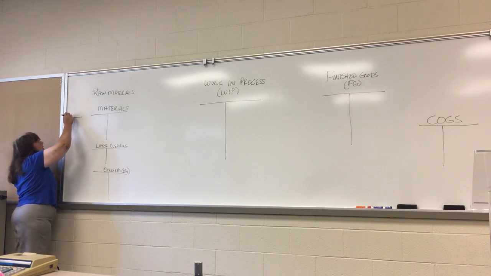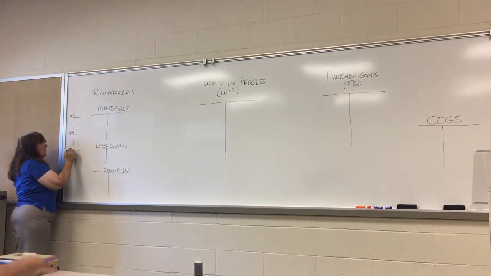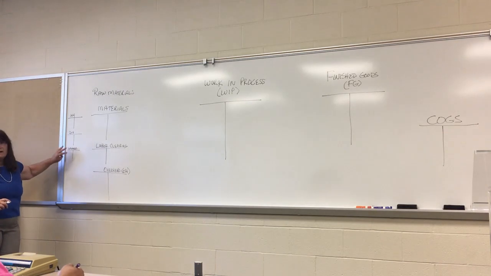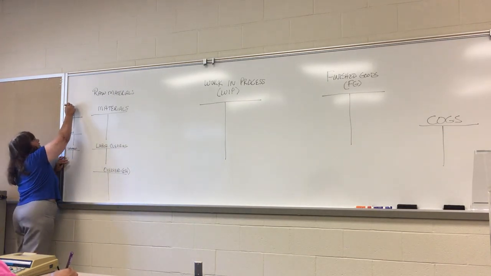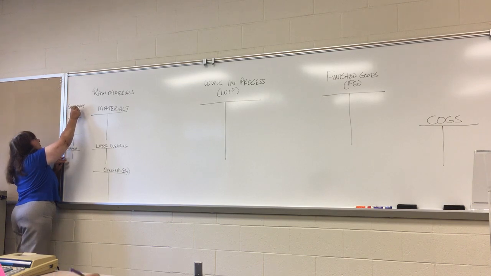So we have the 1x4s and the 2x4s, etc., the shingles, etc. Okay? So we have a separate subsidiary ledger for all the various materials.